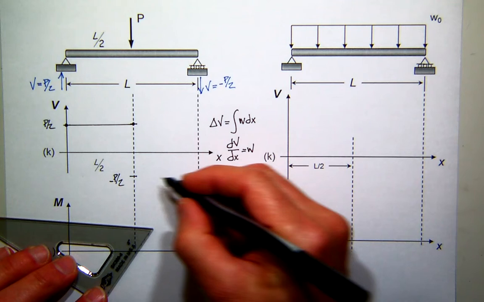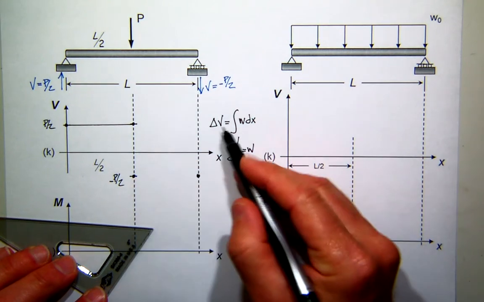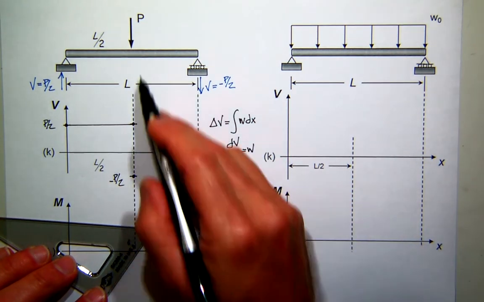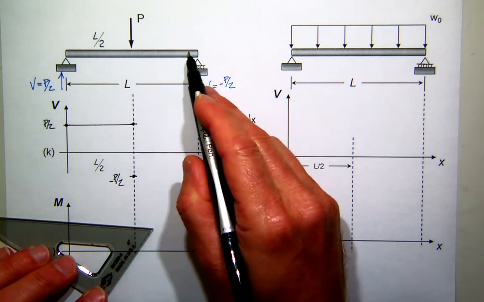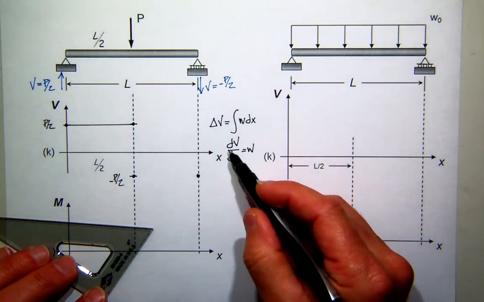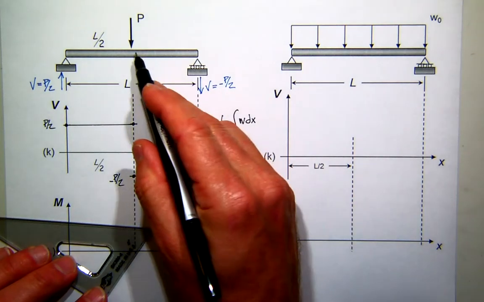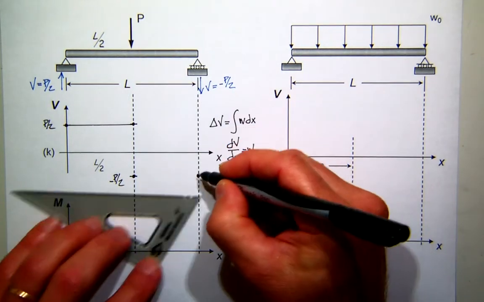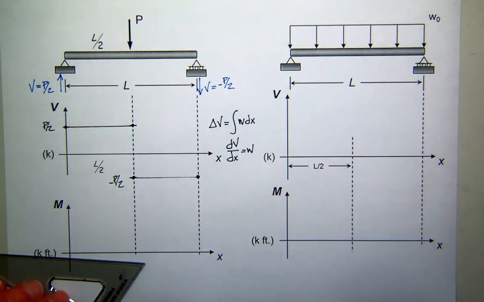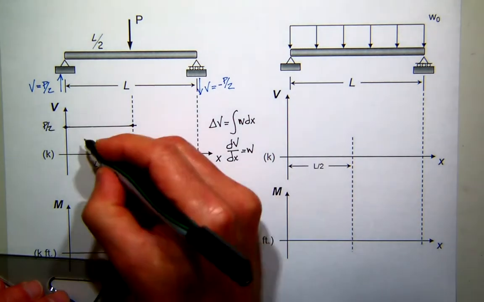Negative P over 2. So the change in shear between these 2 points should be 0, and it's given by the loading, which is 0. So that works out great. And the slope is given by the value of the load, which is 0. That's it. So there's your shear diagram.